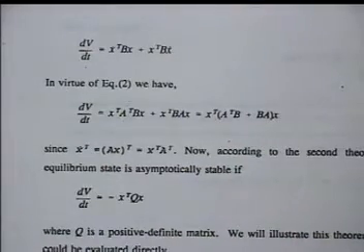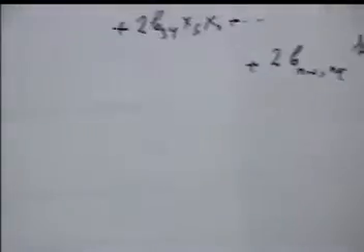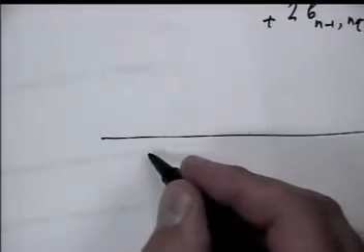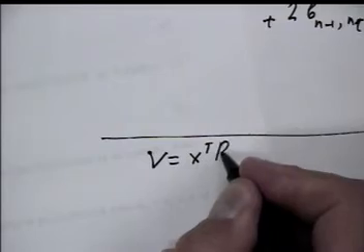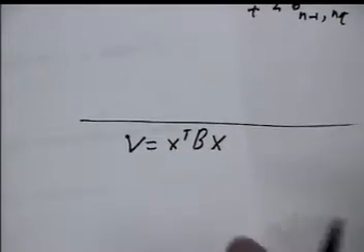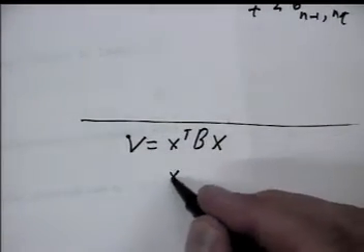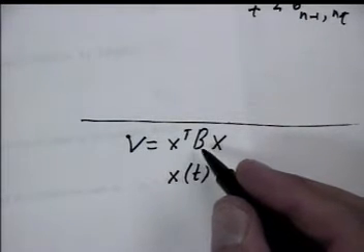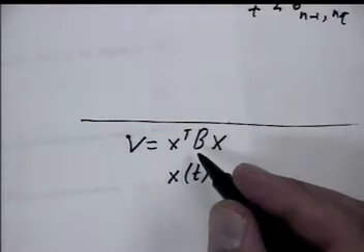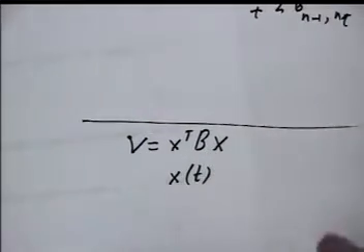Now, let us calculate it. So, again, we have V equals x transpose Bx. What depends upon time? x depends upon time. B is a constant coefficient matrix. It does not depend upon time.